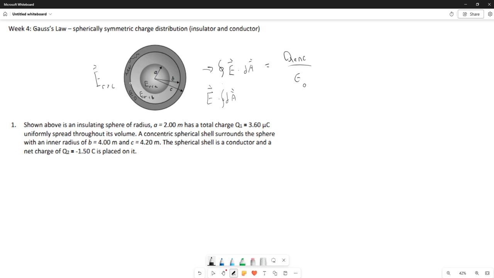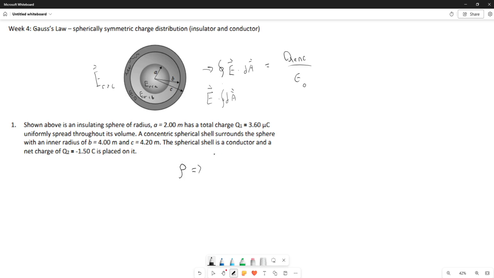We're given some things. We're given the charge that's spread on the insulating sphere, and we're told it's uniformly spread through its volume. So if the charge is uniformly spread throughout the volume, that implies that the charge density, rho, since it's a volume, we usually use rho, is constant.